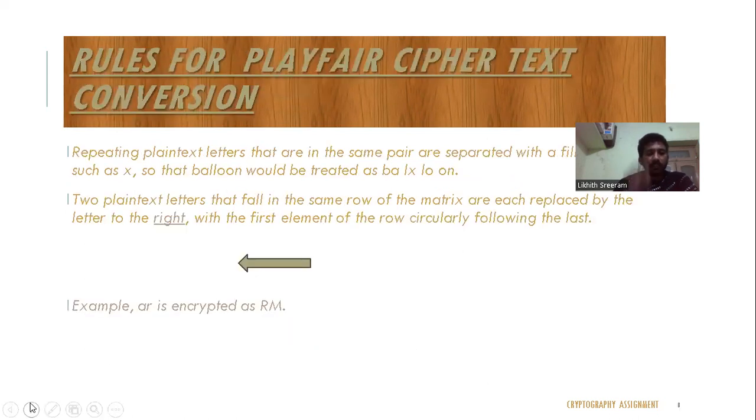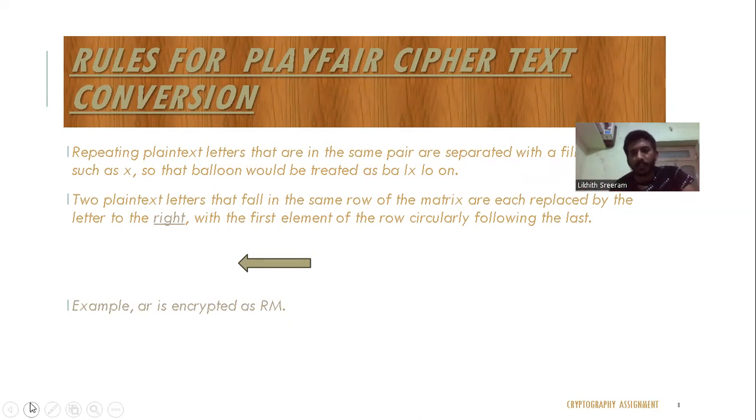So if we take an example of conversion, there are some rules for encryption. First, we should convert the plain text into digrams, with repeating letters separated by a filler.